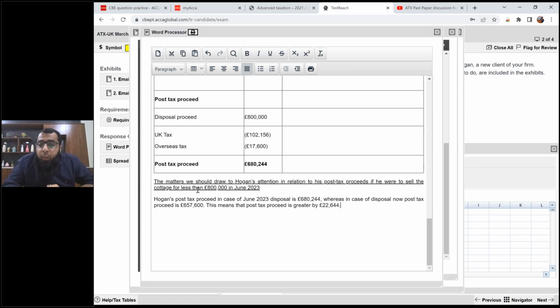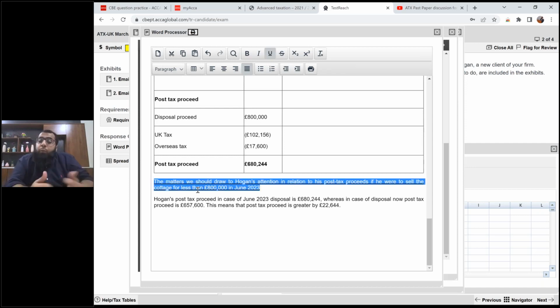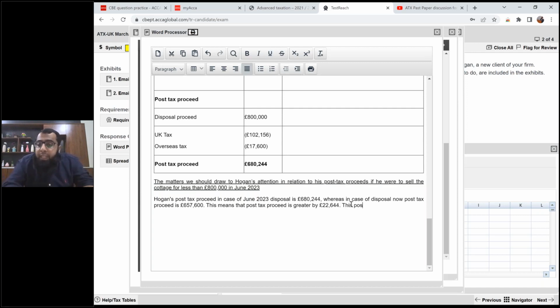Now, what if he sells the cottage for less than 800,000 pounds? What would have happened? This post-tax proceed has been taxed at 28% in the UK. The pre-tax proceed difference will be 22,644 divided by 72% multiplied by 100%. I will repeat each and everything, so don't get worried.